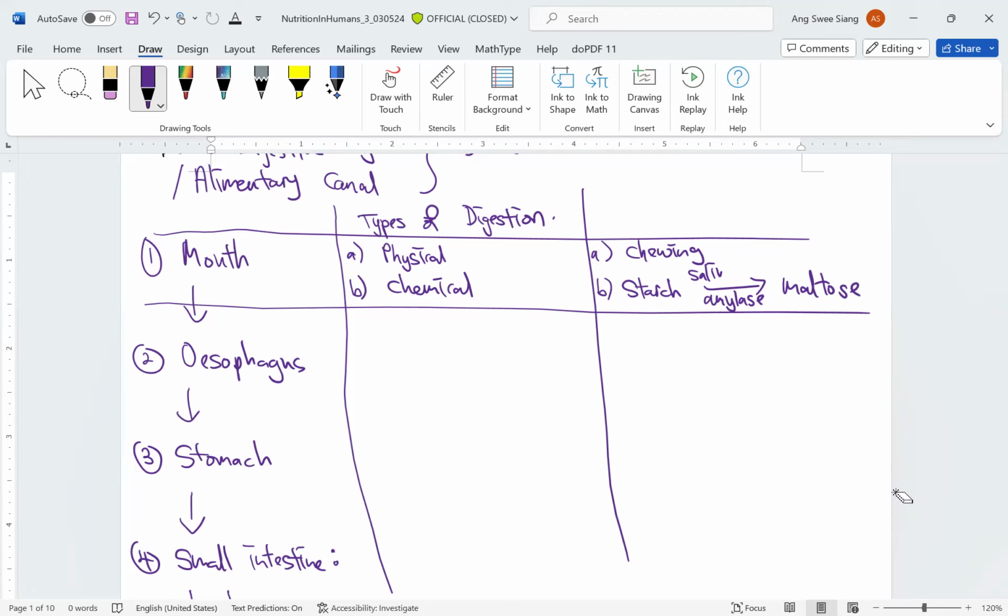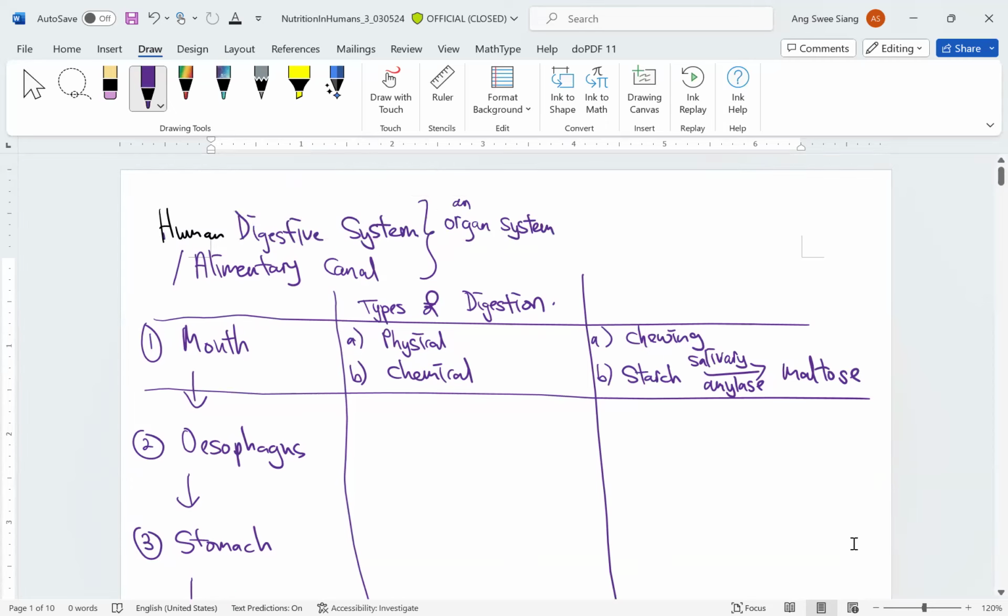The word salivary is important, because amylase can also be found in another part of the digestive system, secreted by another organ in another digestive juice. So I just emphasize that. In the human digestive system, you have saliva, gastric juice, pancreatic juice, and intestinal juice.